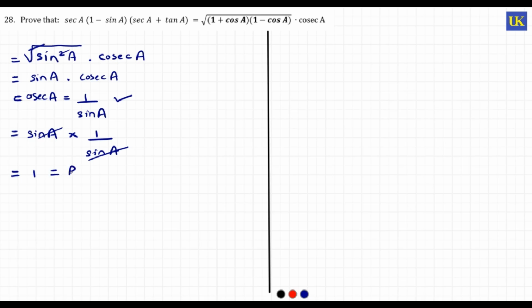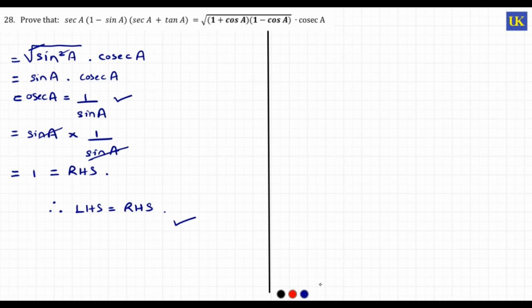So we are getting 1 in both the left hand side and the right hand side. Therefore we can say that we have matched the left hand side with the right hand side. So this completes this question.